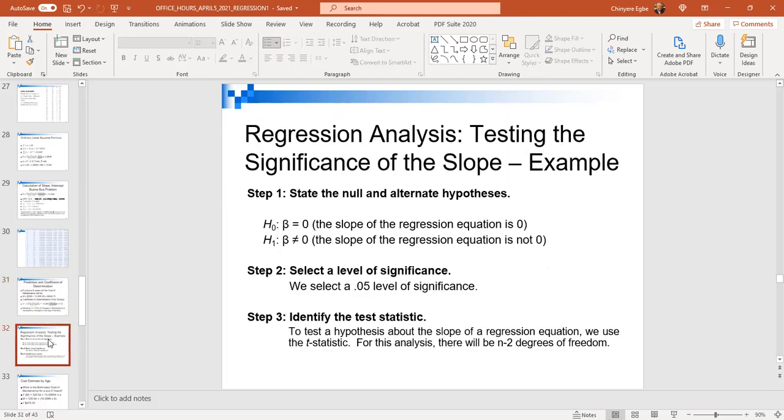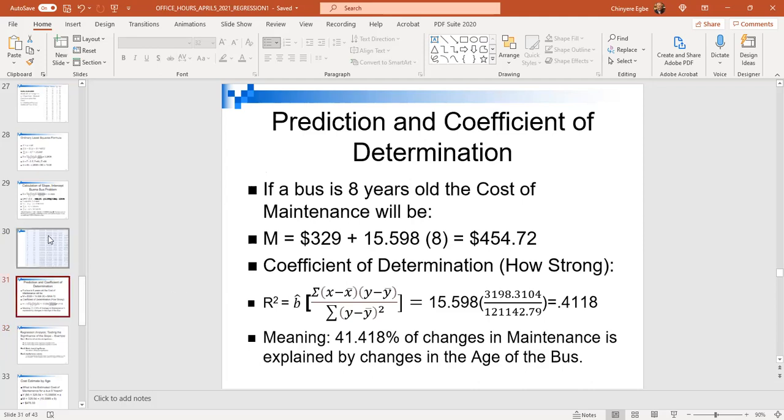All right. So now the next thing that we have to do is to test a hypothesis of the slope, okay? That is to say, it's possible that the age of the bus has nothing to do with the cost of maintenance. It's possible, okay? So we just want to assure ourselves that the age of the bus is what affects maintenance. So let us look at the equation again.